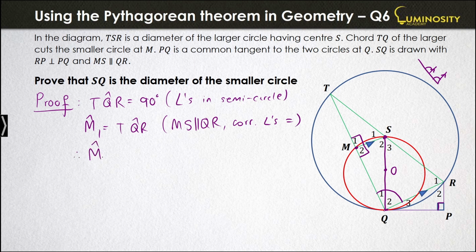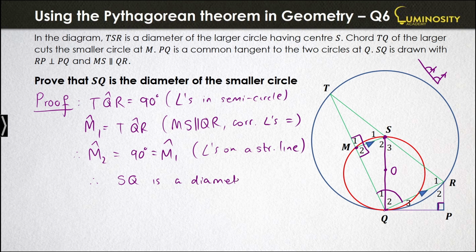Therefore, angle M2 must also be 90 degrees, which is M1, because angles on a straight line must sum to 180 degrees. So therefore, since angle M2 is 90 degrees, we have that SQ is a diameter of the smaller circle, and again the reasoning is angles in a semicircle for the smaller circle.